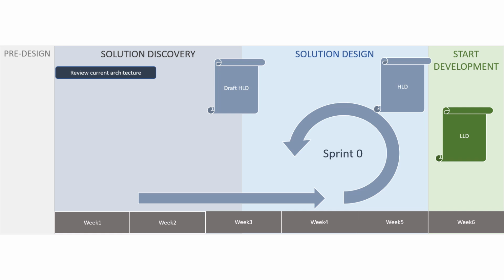If the project architecture is solely the solution architect's responsibility, then solution architects should be involved early in the project, such as during the requirements gathering stage or even in the pre-sales stage. It is a few weeks earlier than when development will start. This is the solution discovery phase.